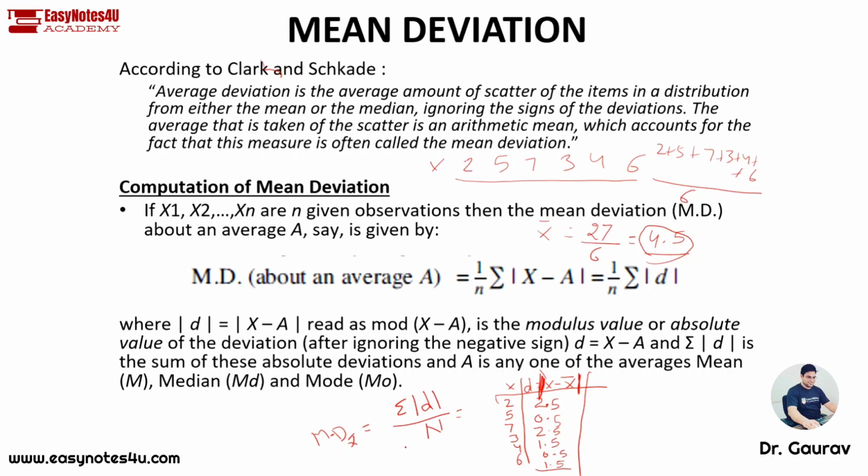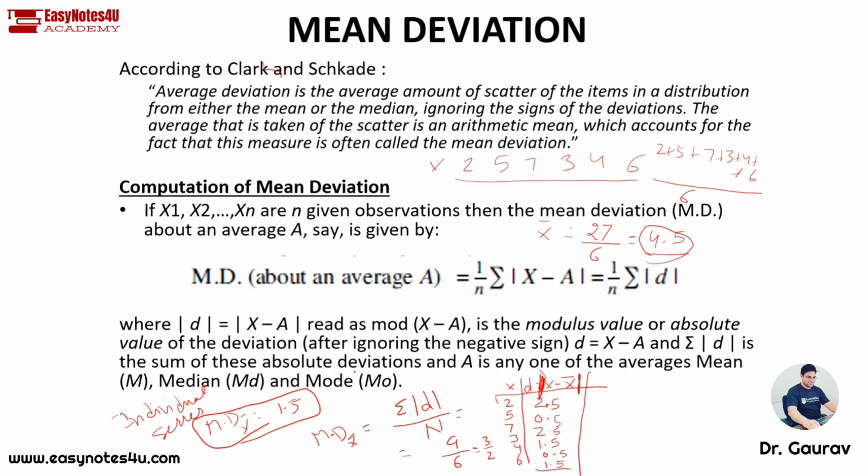So the value will be 9 divided by n, the number of observations, which is 6. The mean deviation from the mean is 1.5 in the individual series. So you can calculate the mean deviation like that, just ignoring the minus sign.